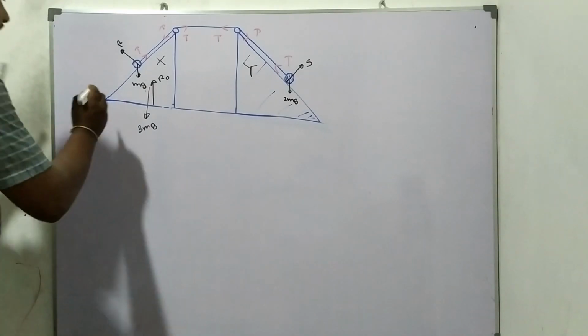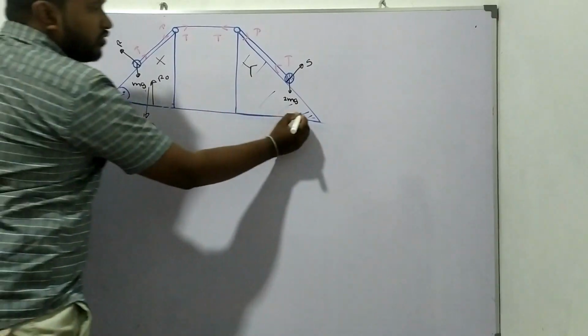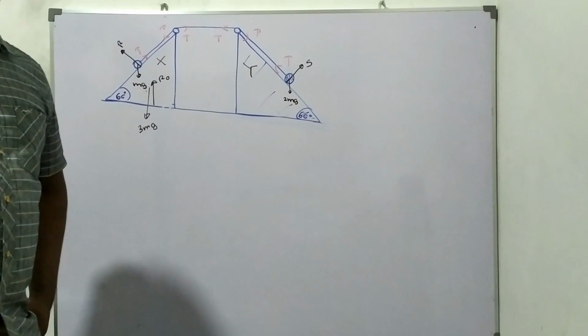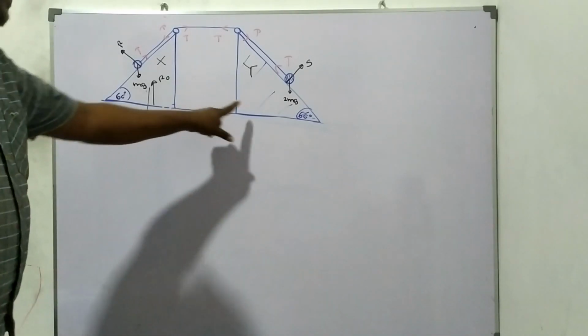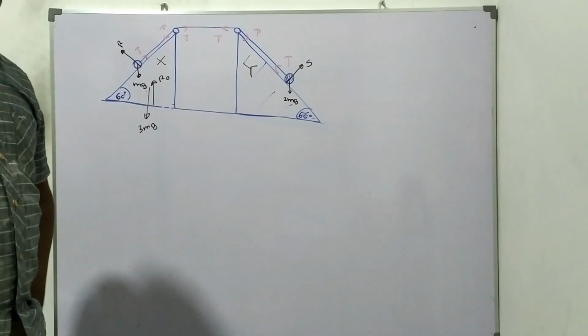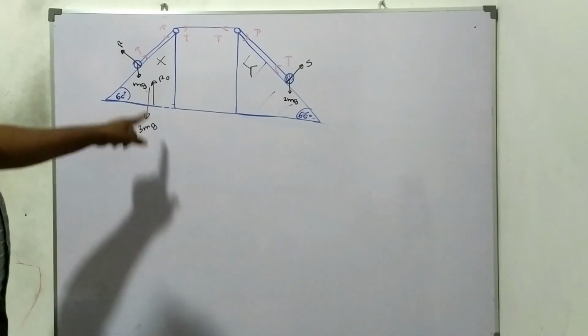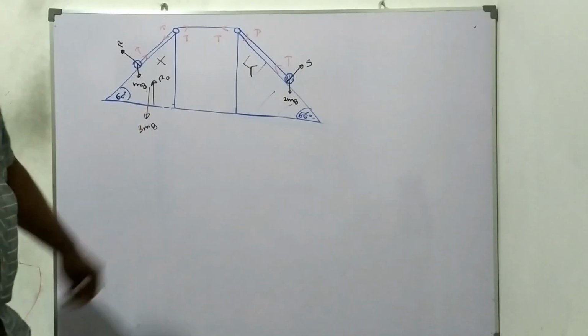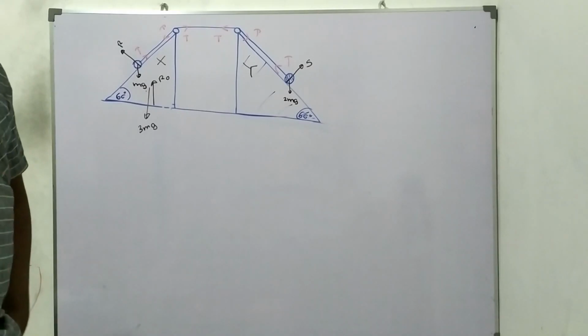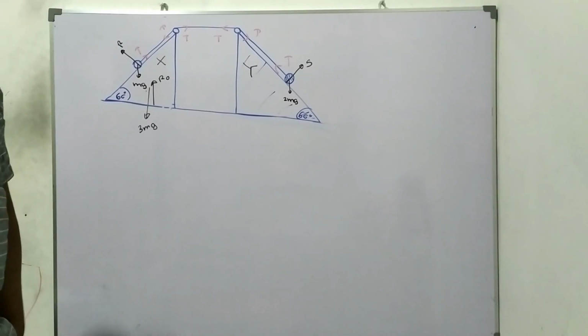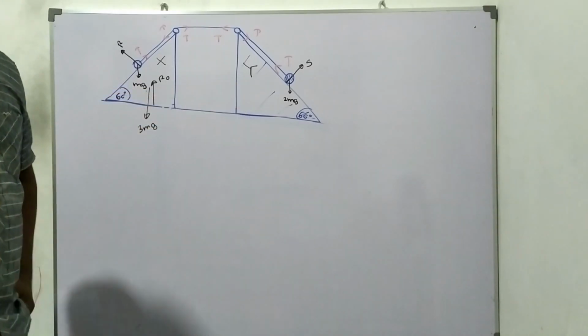So this is 60 degrees, this is also 60 degrees, the incline is the same, and this is 90 degrees, such that the faces containing BC and MN are placed on a smooth horizontal floor. The wedge X is of mass 3m, so I put 3mg here, is free to move on the floor, and wedge Y is kept fixed.